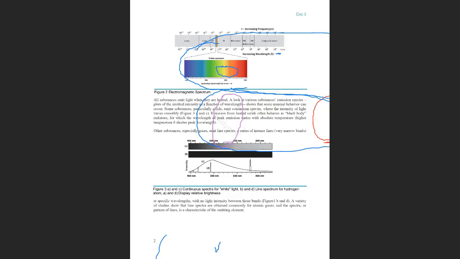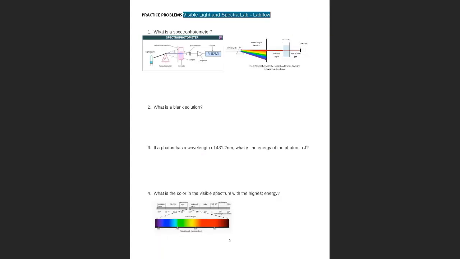So this is the introduction that will help you answer the next questions. So let's do now. Let's share a page of some questions. Here you can see a spectrophotometer.